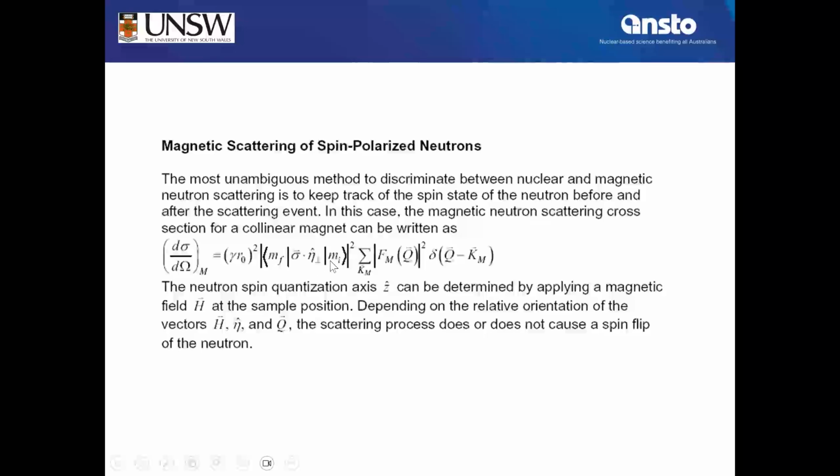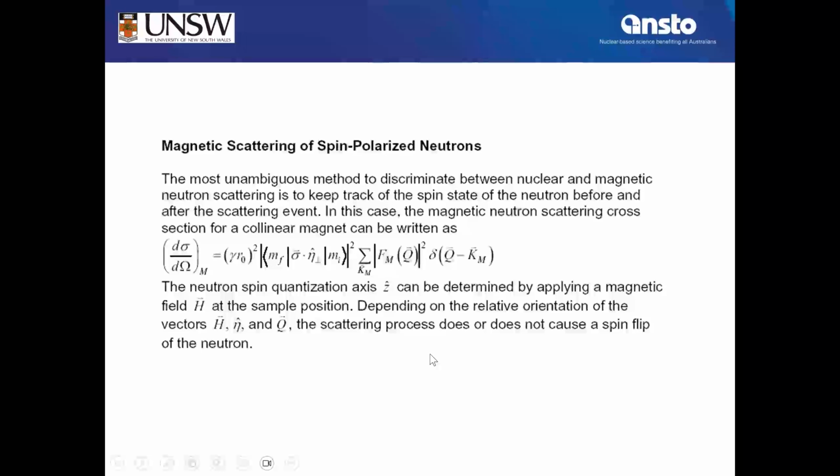So what you see here is the incoming neutron spin direction and the outgoing final neutron spin direction. And here the perpendicular component of the electron spin, sigma is actually the Pauli matrix element. Here the form factor of the magnetic unit cell and the well-known delta function, which ensures we get a signal only at the Bragg peaks. So let's have a look at that one.